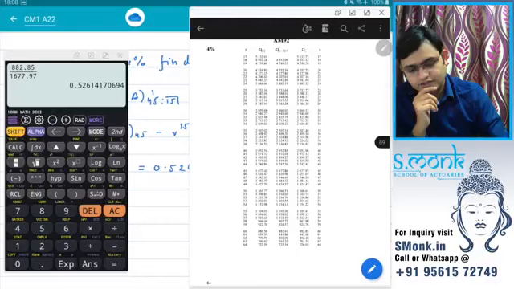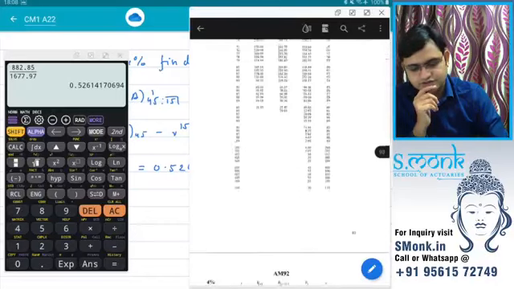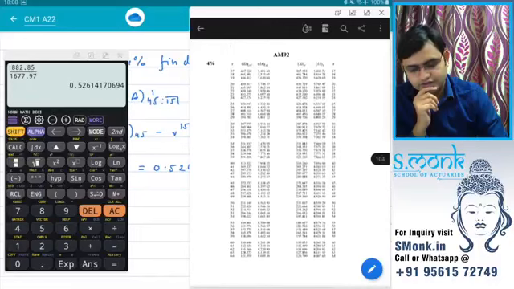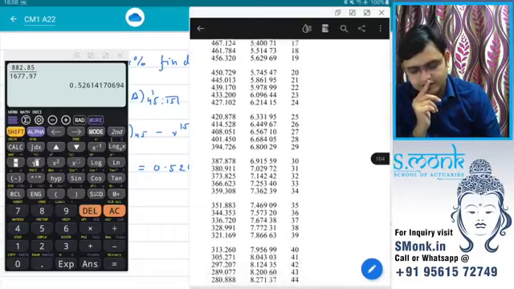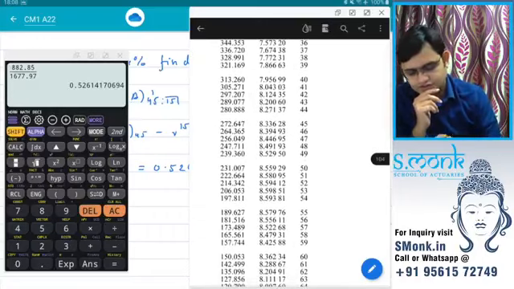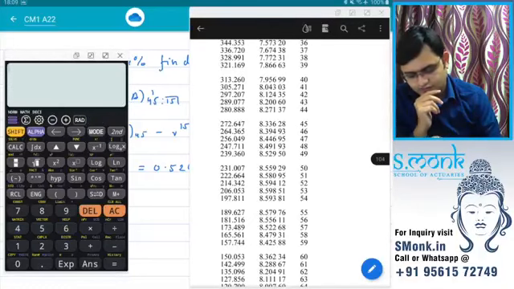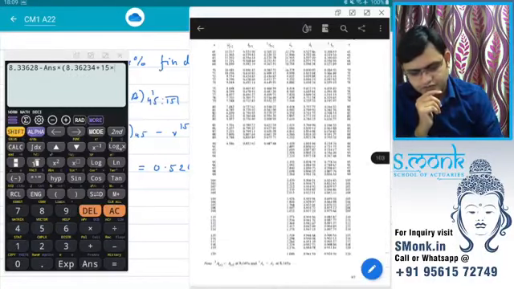Then we want increasing annuity 4%. Increasing assurance rather, not annuity. Increasing assurance. This is the table 4%. We are looking for ultimate values. So here ultimate value first 45 and then 60. So 45 I have 8.33628 minus answer into bracket, then 60 we'll have 8.36234 plus 15 times A. So we'll go up.